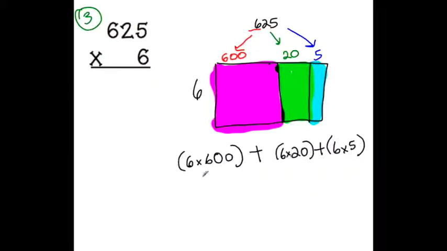Okay, so let's solve. 6 times 600 is, use your mental math. 6 times 6 is 36, and you add the 2 zeros. Okay. 6 times 20 is 120, 6 times 5 is 30, and we're going to add all these, right?